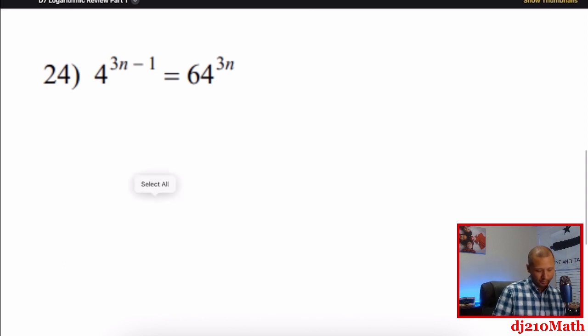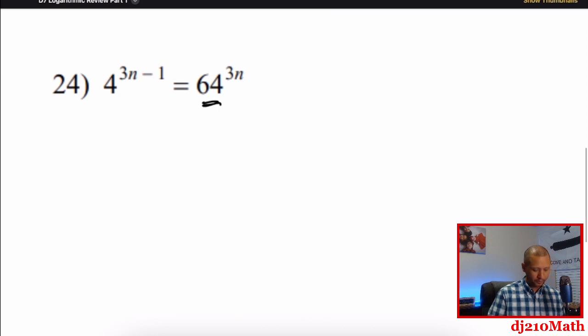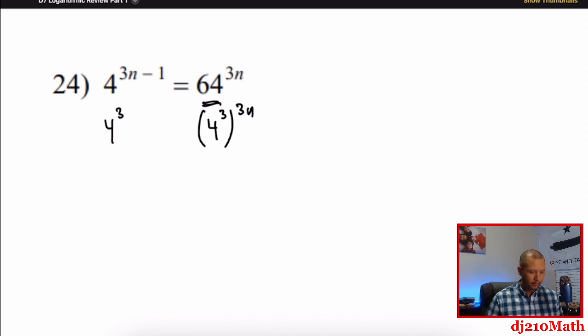Okay. 64 can be rewritten as 4 to the 4 times 4 is 16 times 4, 64. So cubed. So the bases match. That's good. So now the exponents, after we multiply here, right? 3 times 3 is 9.